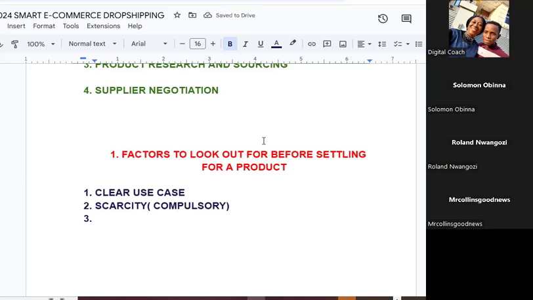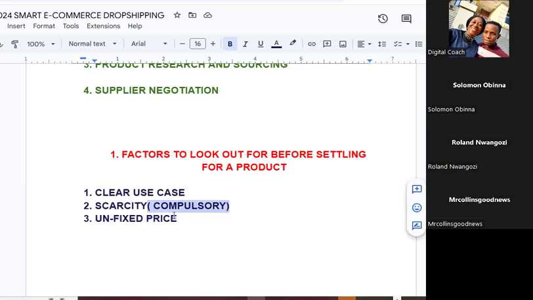Then the next compulsory point is that the price should not be on a fixed price. Any product you are picking to sell, the price of that product should be unfixed.